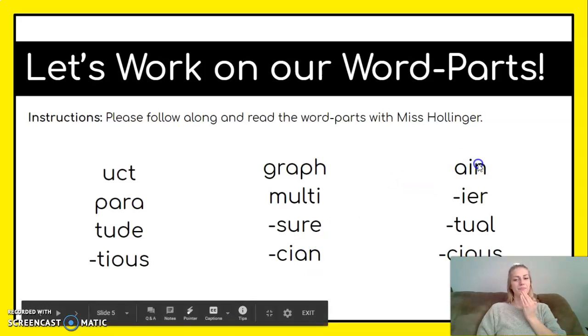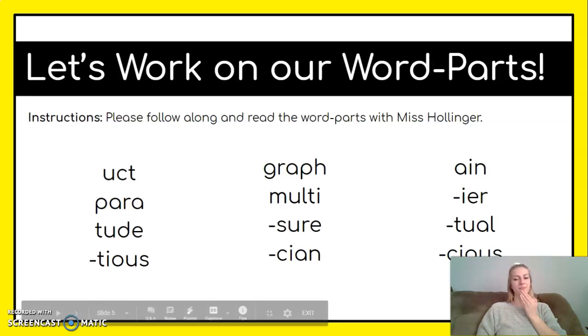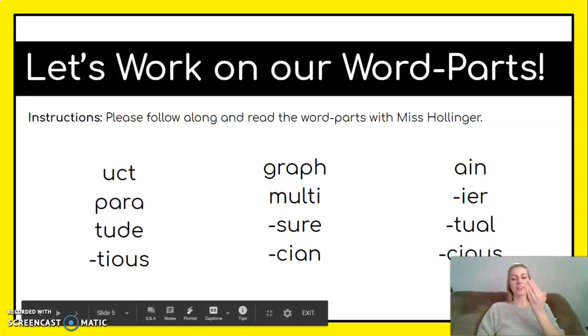Shun. Ain. Ear. Chewel. Last word. Shus. Good work, grade fours.